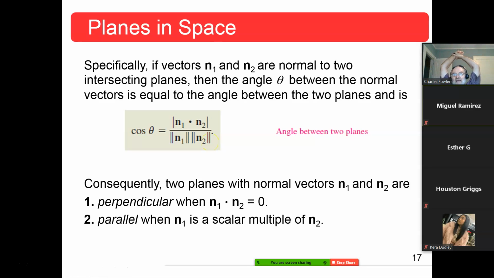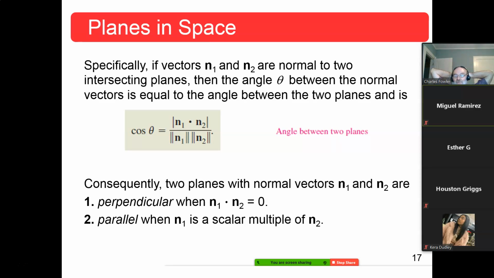Now, let's think on that for just a moment. Because we're doing the absolute value of the dot product, which could be positive or negative, that's always going to be positive.